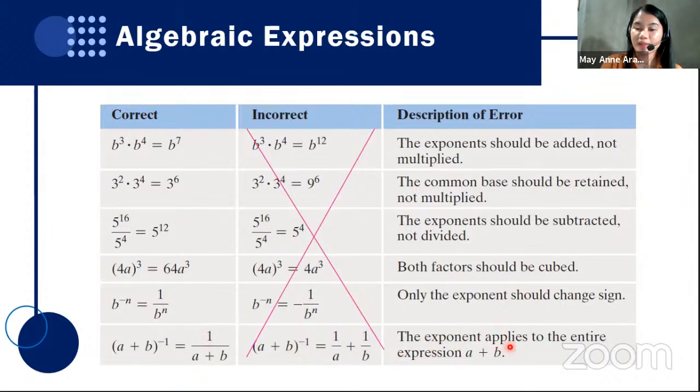The exponent applies to the entire expression a plus b. So it is not distributed like this: 1 over a plus 1 over b. When there is a parenthesis, the whole quantity is raised to the negative exponent. They are not individual. Okay? I hope you avoid these common errors in performing operations involving exponents.